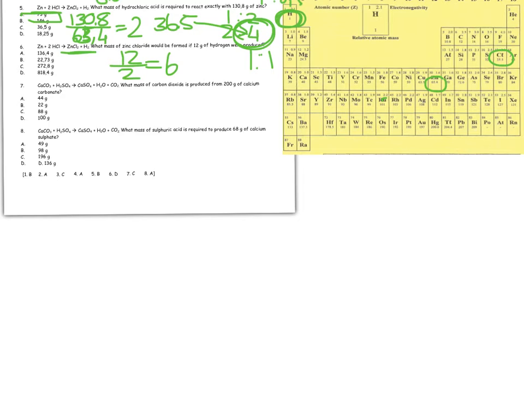So I have got a 6 over here with the hydrogen, and the zinc chloride is also going to be 6, but now I need to work out the number for the zinc chloride, and it's going to be 65,4 plus zinc chloride is ZnCl2 plus 35,5 plus 35,5. So I have to double that number. And I land up with 136,4. I now need to multiply that by 6.